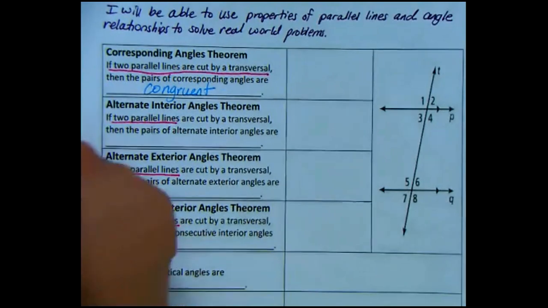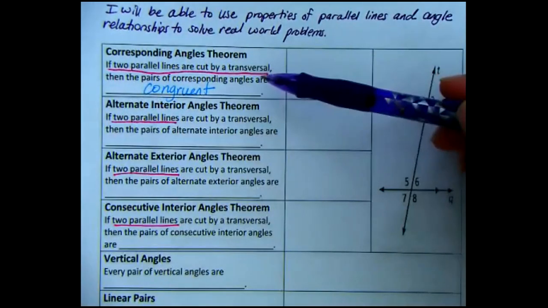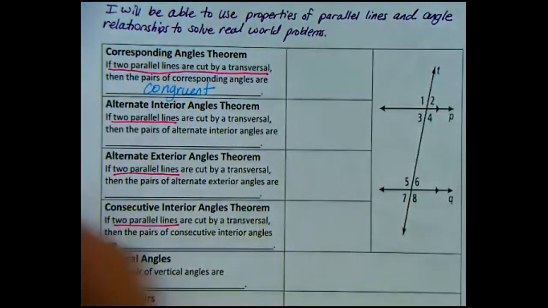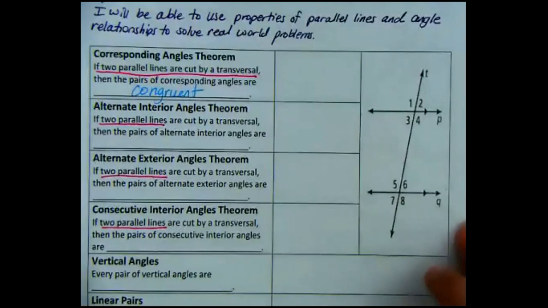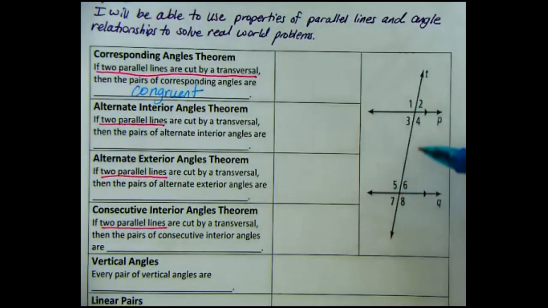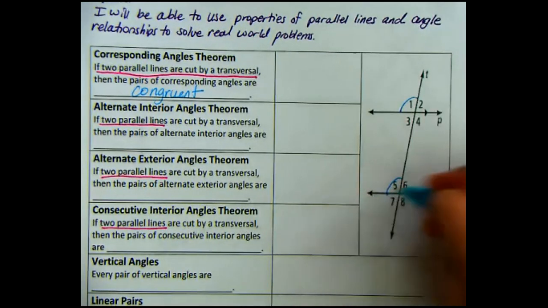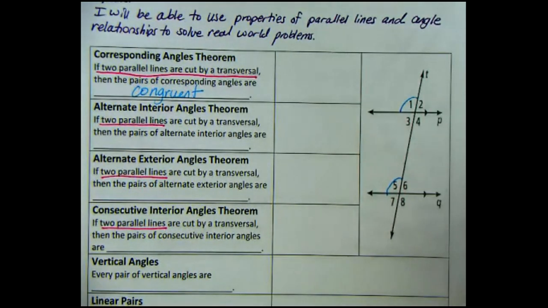All right. Okay. So what does this mean? If two parallel lines are cut by a transversal, then pairs of corresponding angles are congruent. So what does that mean? That means that, as we identified in our last diagram, corresponding angles, in this case, we have angle 1 and angle 5. Angle 1 and angle 5 are congruent, okay? Also, we have three other pairs of corresponding angles, right?